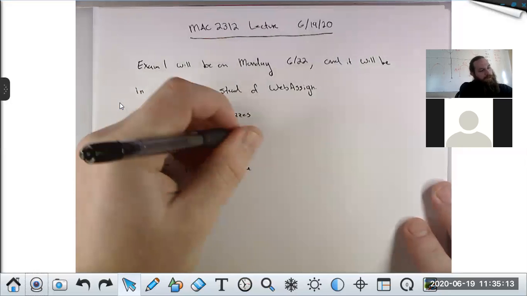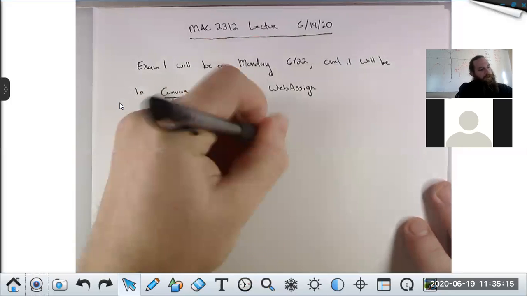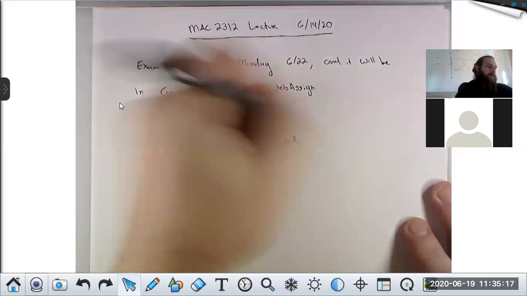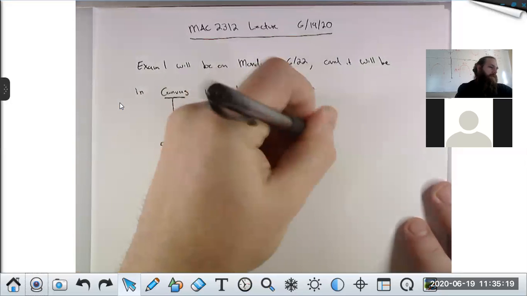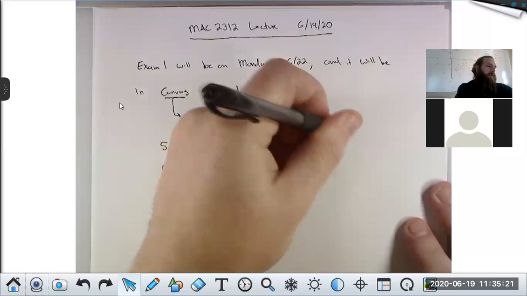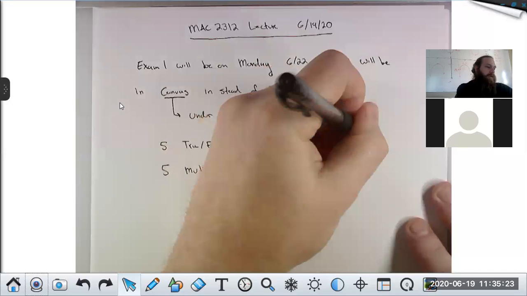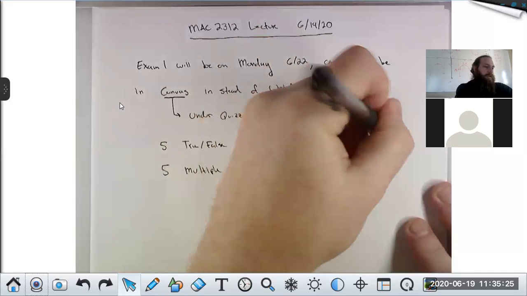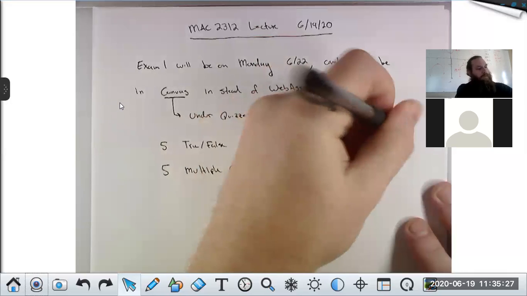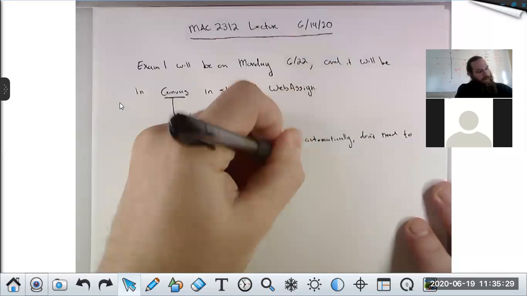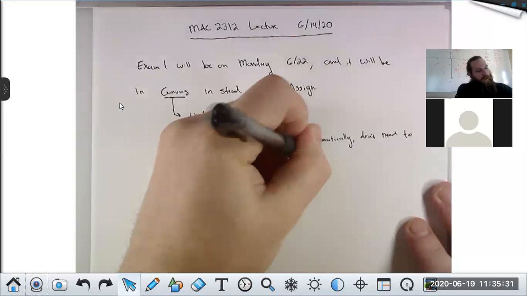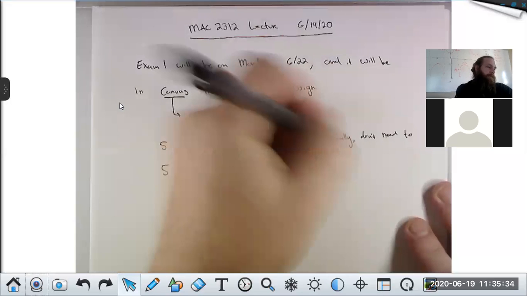And these will be graded automatically. You don't need to show work or scan anything for those.